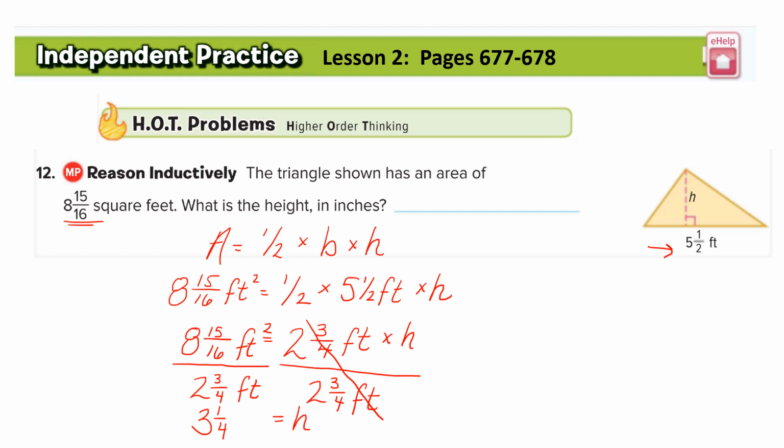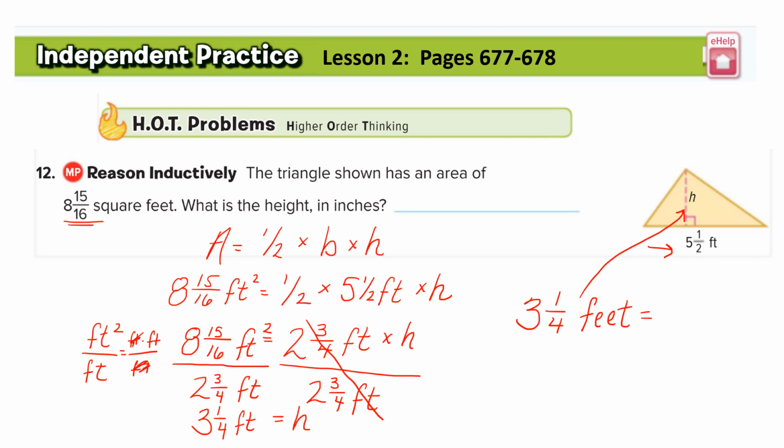Now again, we had feet squared over feet, so that equals feet times feet over feet. One of the feet crosses out, so now I have feet. So we have 3 1/4 feet for the height.